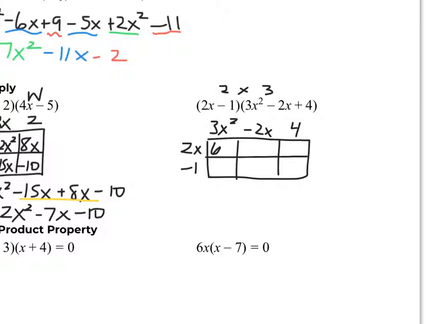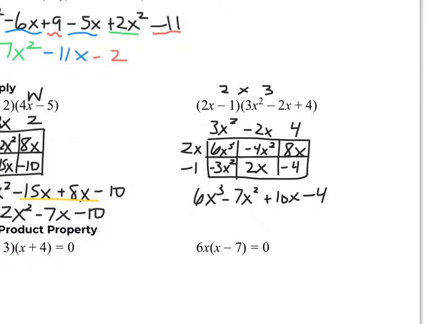So 6x cubed, negative 4x squared, 8x, negative 3x squared, 2x, and negative 4. So that gives me 6x cubed minus 7x squared plus 10x minus 4.